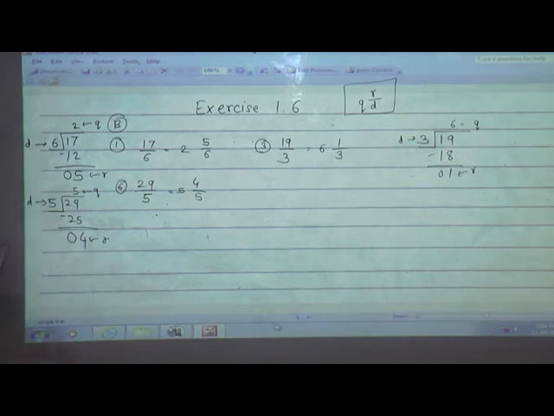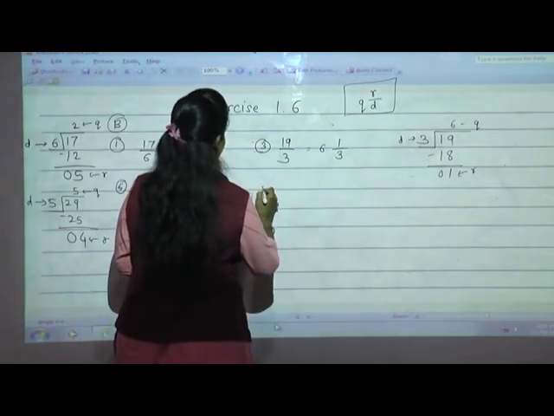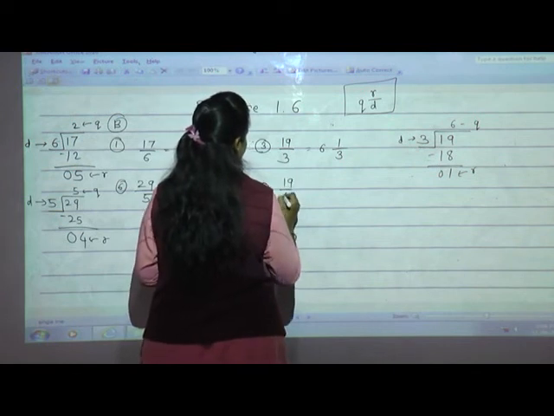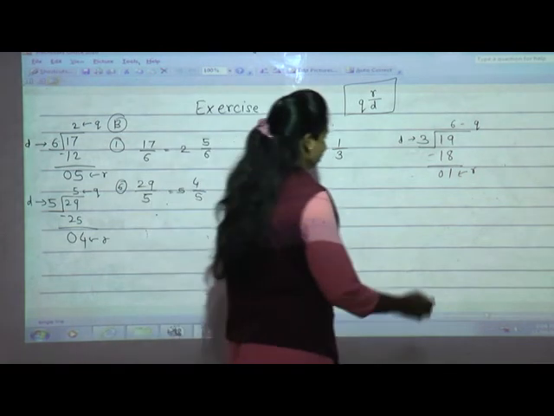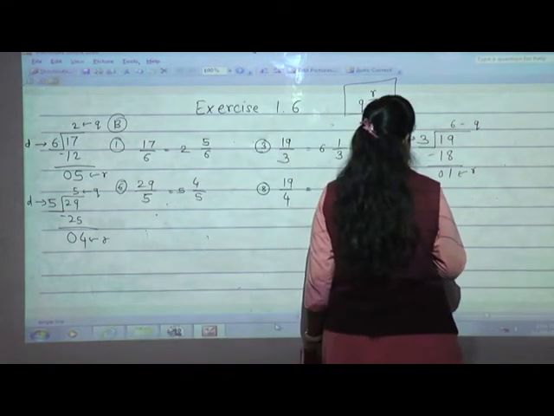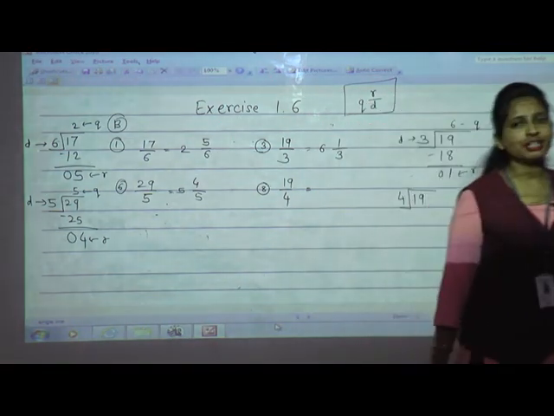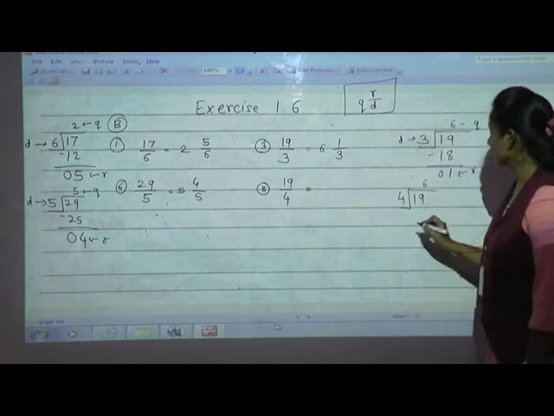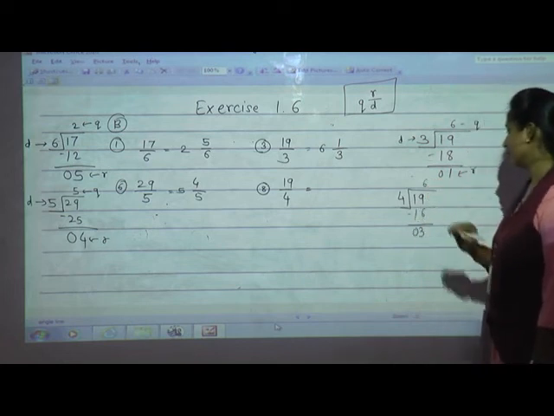Clear? Now next example. 8th one I will solve for you. 19 upon 4. Now do the rough work. Divide 19 by 4. In 4 table 19 is there students? No. 4 4s are 16. 3 will remain, 0.